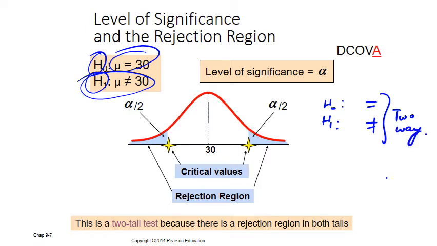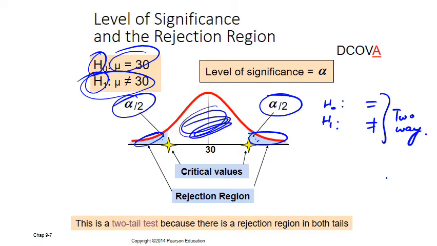Whenever it is two-way, we will have alpha by 2. We will divide alpha into two parts because it is two-way. Half alpha will come here, half alpha will come here. If the value falls in this region, we will reject his claim. If the value falls in this region, we will accept his claim. And here in the middle we always write mu, his claim, already known.